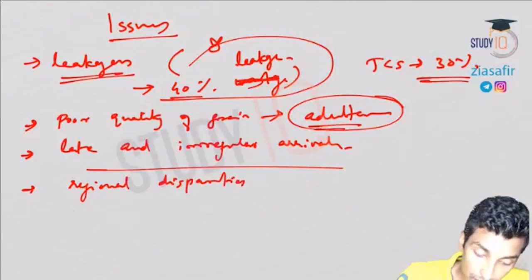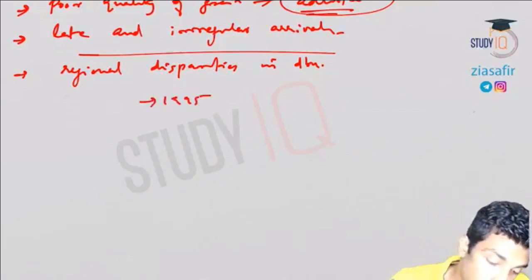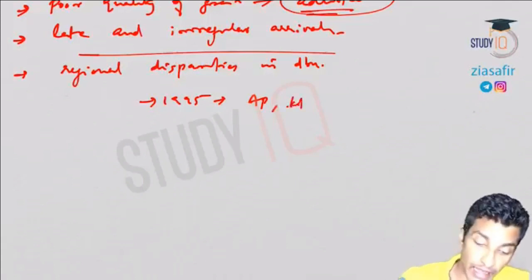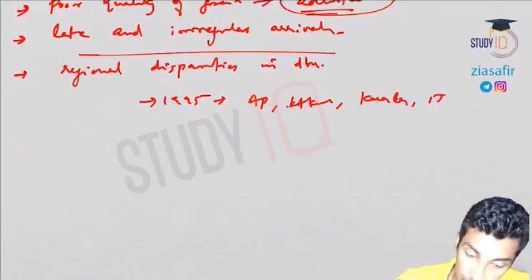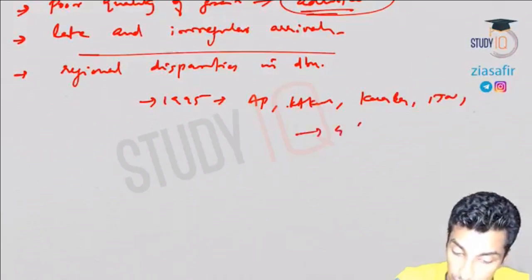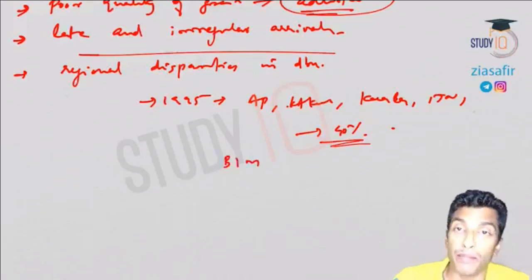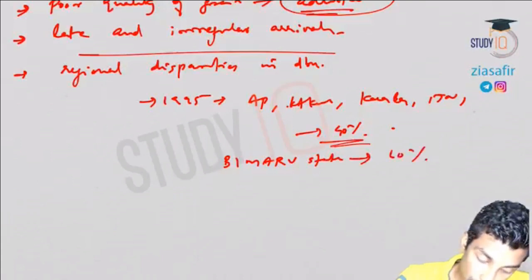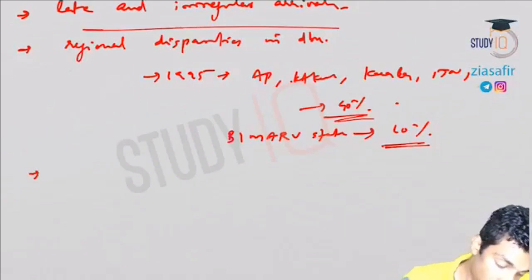As per a study in 1995, the south states like Andhra Pradesh, Karnataka, Kerala, Tamil Nadu accounted for 40% offtake, and in Bimaru states offtake was just 10%. So regional disparity is heavy.